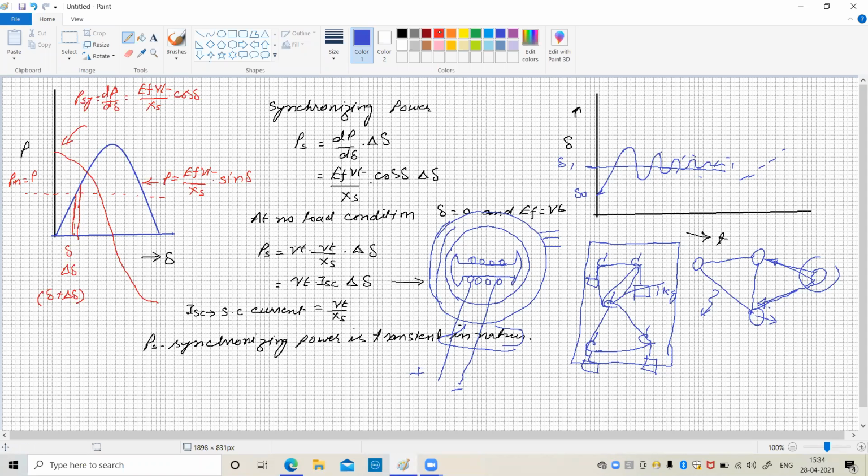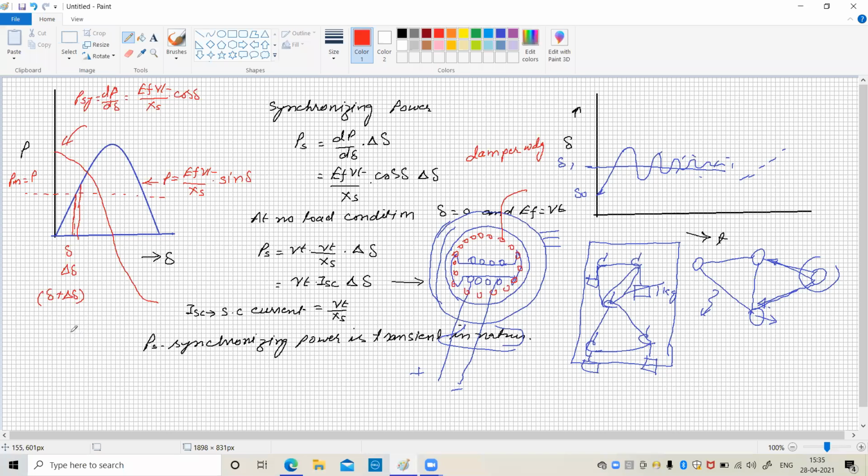Now, in addition to this, copper bars are provided over the entire periphery of the rotor, and these bars are short circuited on the end rings, and this winding is called a damper winding. Damper winding is similar to a simple cage.